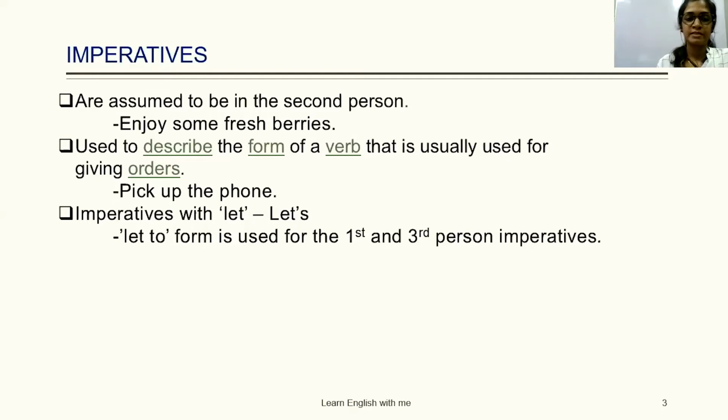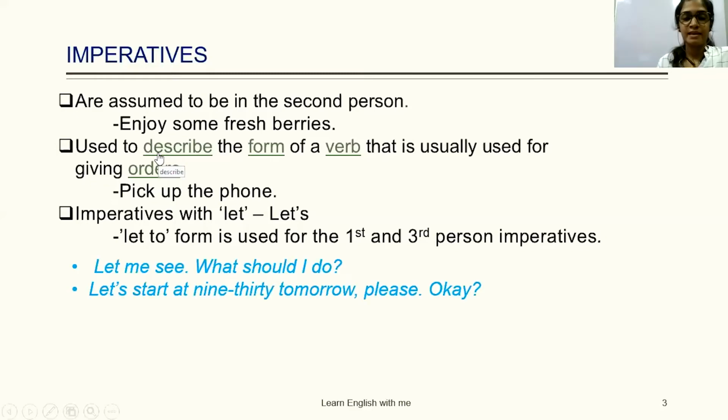And there are imperatives that start with let. That means let us, let's. And the form let is used for the first and third person imperatives. For example, let me say, what should I do? Let's start at 9:30 tomorrow, please. Okay?